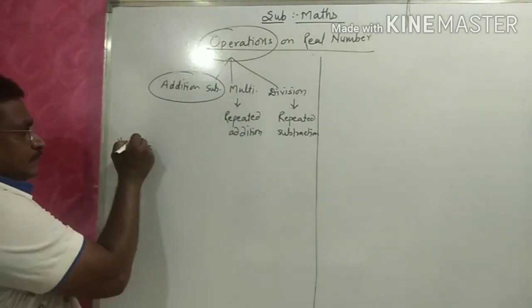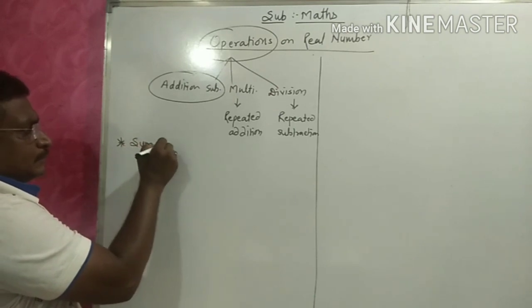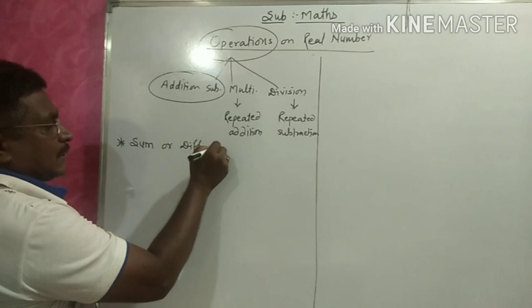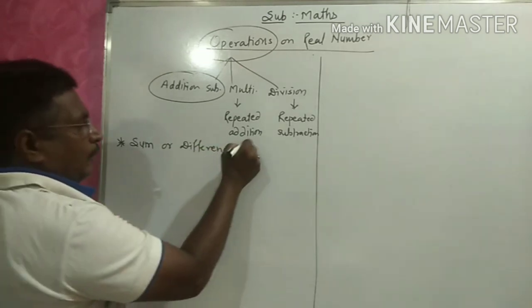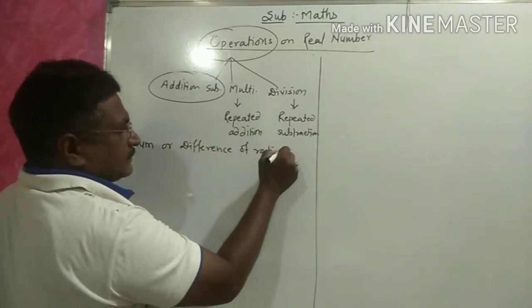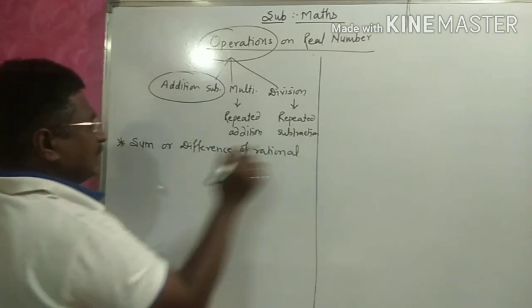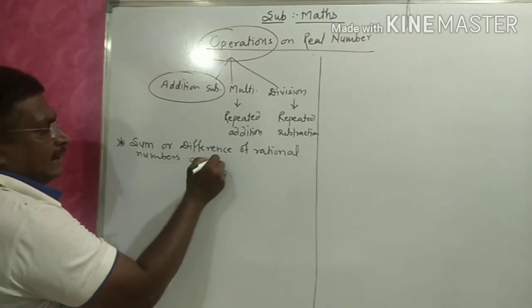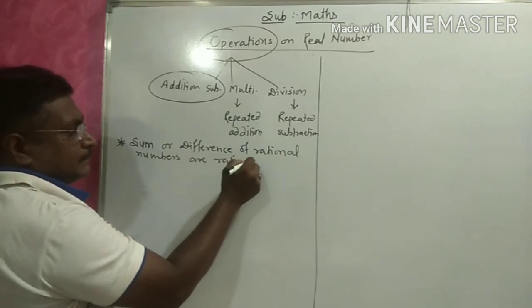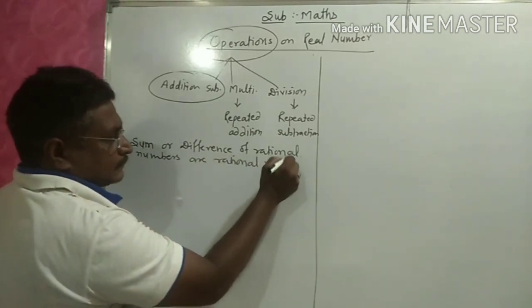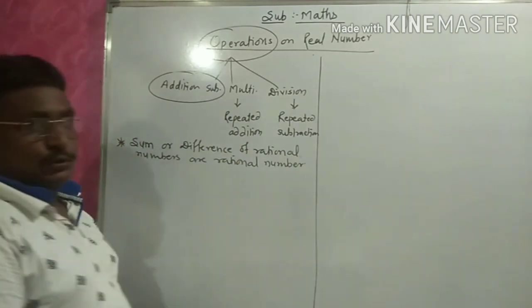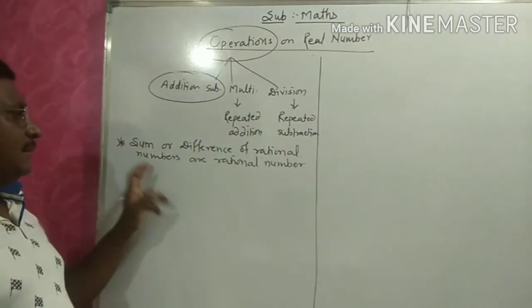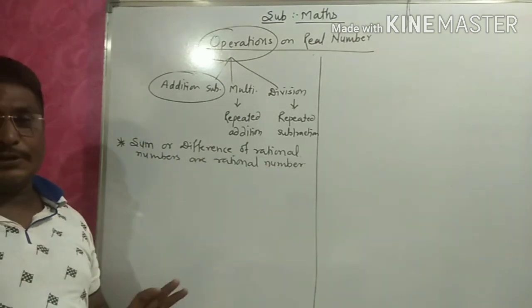So first, the sum or difference of rational numbers is a rational number.